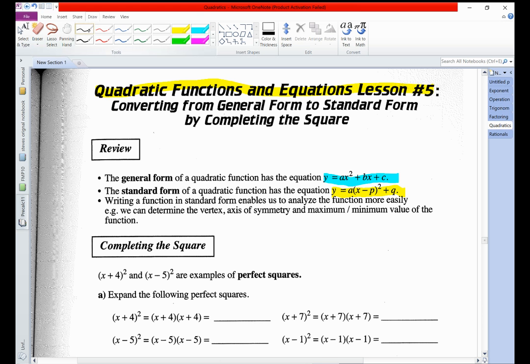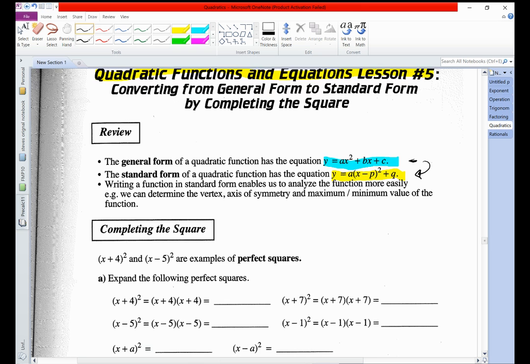So we are going from that form into that form, and we are going to do this by a process called completing the square. It's a little bit weird, but once you get the hang of it, it's pretty nice.